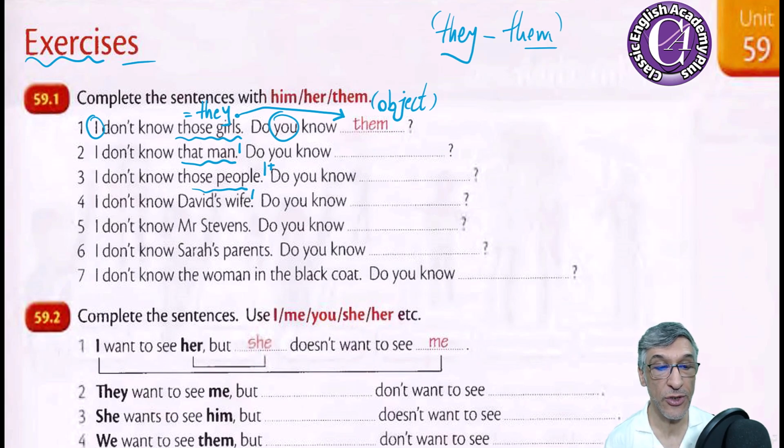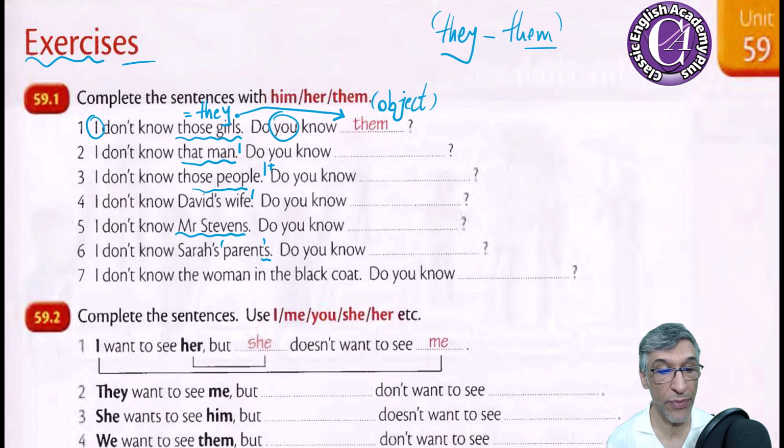I do not know Mr. Stevens. Yes, we have here something very interesting. And I do not know Sarah's parents. Yes, of course, parents means mother and father. That's why we have S with the common noun parents. Okay, so it is more than one, of course.